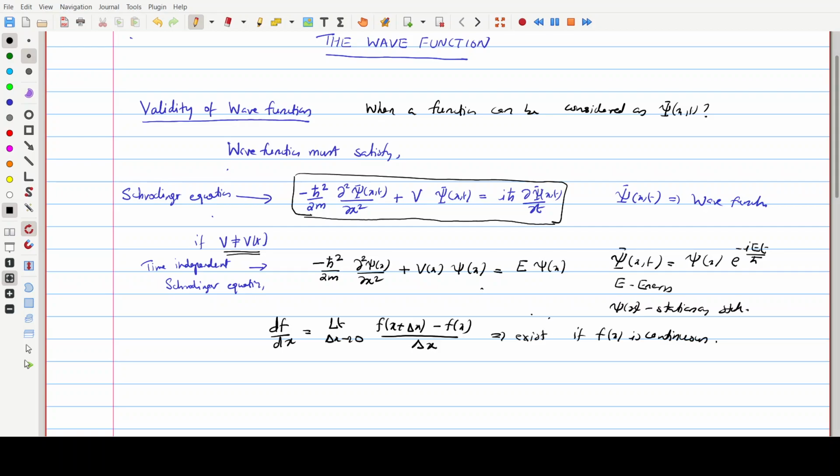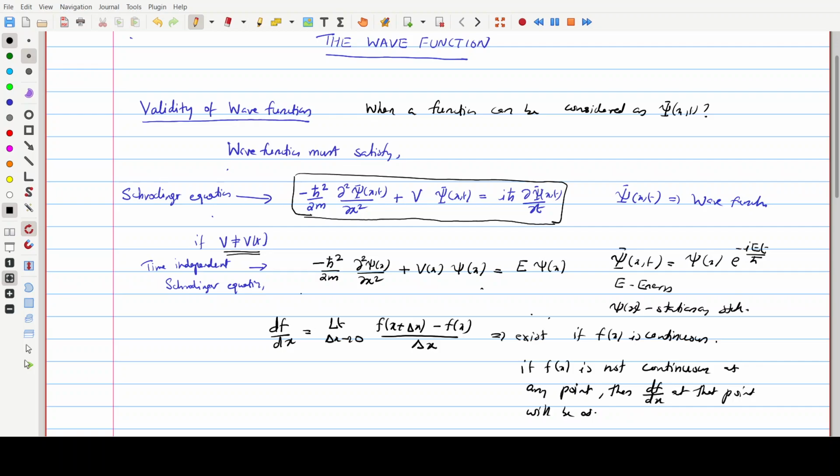Otherwise it will not exist, because if the function has a discontinuity at any point, then the numerator becomes a non-zero value, the denominator becomes 0, and it tends to infinity. So if f(x) is not continuous at any point, then the derivative at that point will be infinite. It means it does not exist.